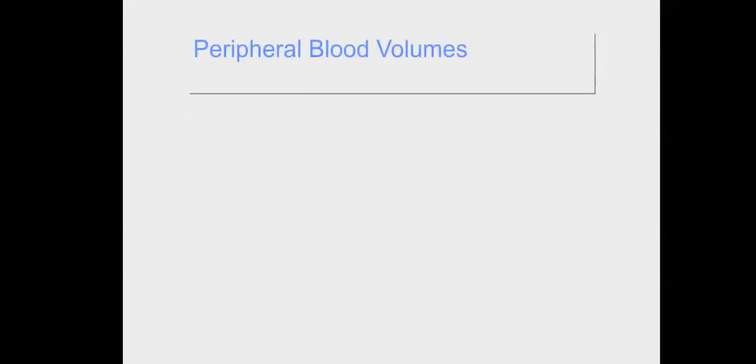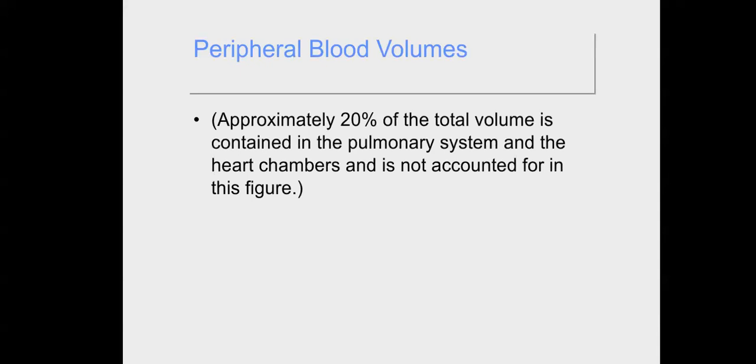The capillaries have the largest drop in the pressure. So, talking about the volume, approximately 20% of the total volume is contained in the pulmonary system. The pulmonary system actually receives 100% of the cardiac output, and it keeps 20%.